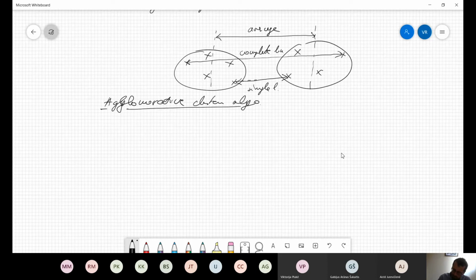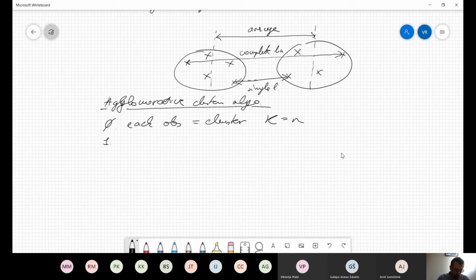So it starts again at 0, the initial point, where each observation equals a cluster. So k equals n, so we have n clusters in the beginning.